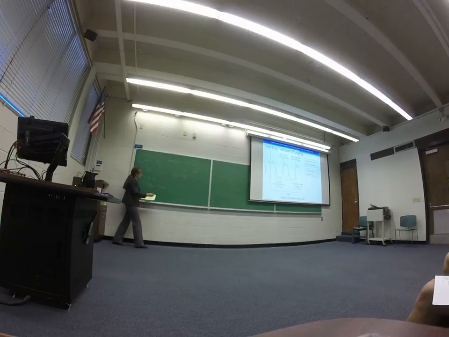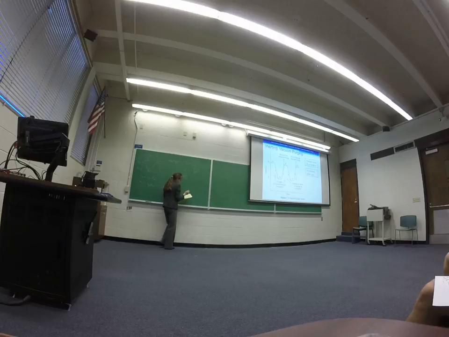So Y1 is therefore equal to Y0 N low over N high, which is equal to Y0 P low over P high.